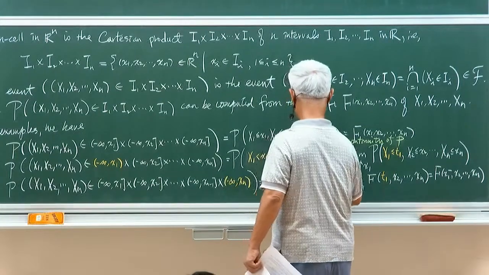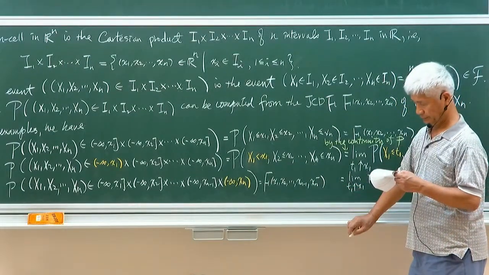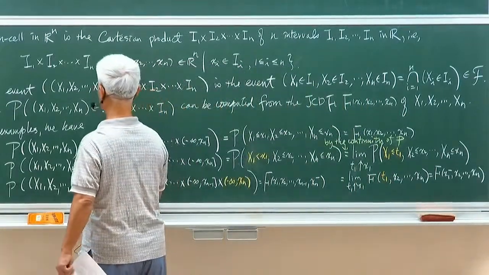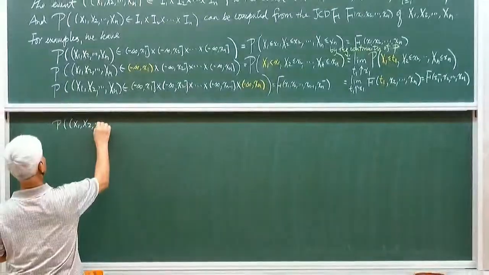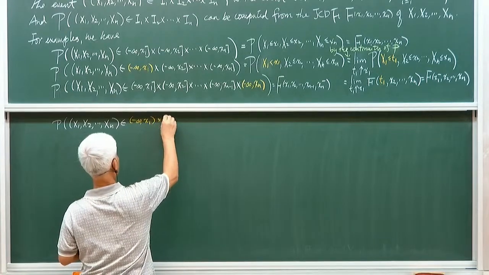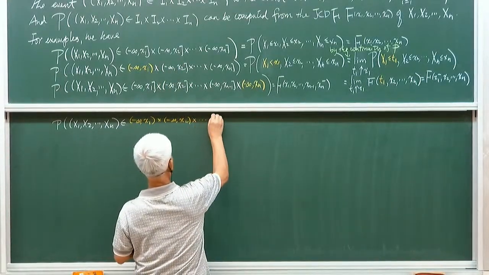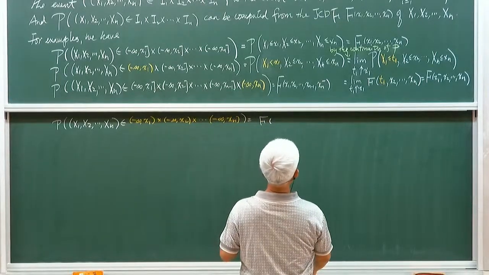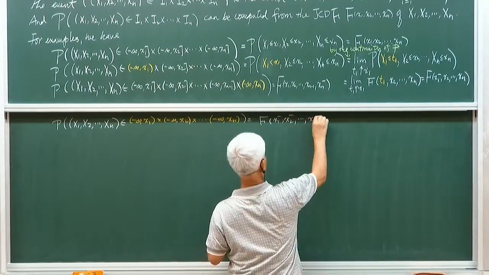So this is the left limit. If you continue to do so, and change all the closed right ends to open right ends, then this becomes F(x1 minus, x2 minus, up to xn minus).